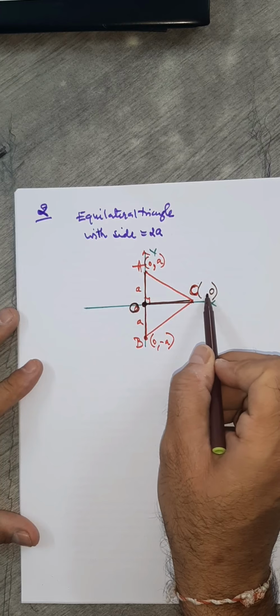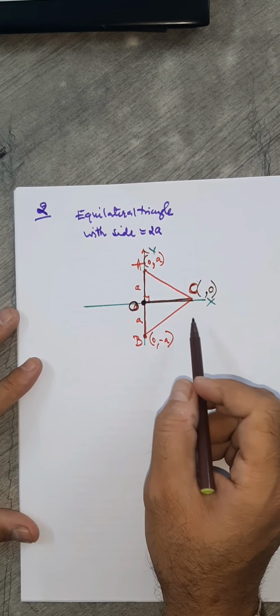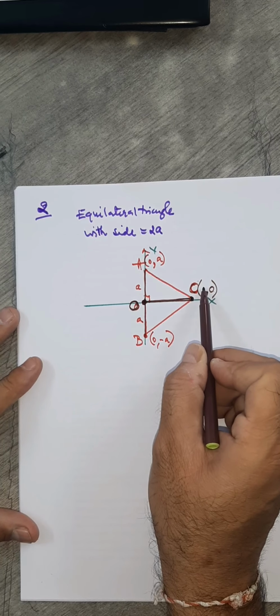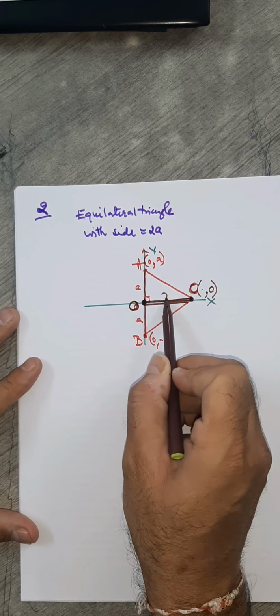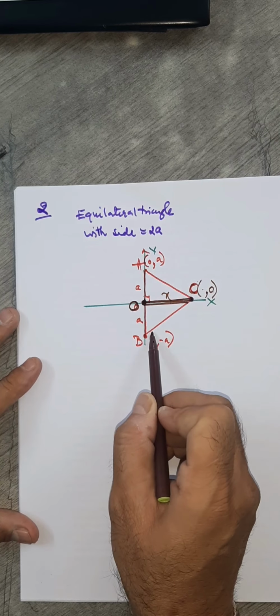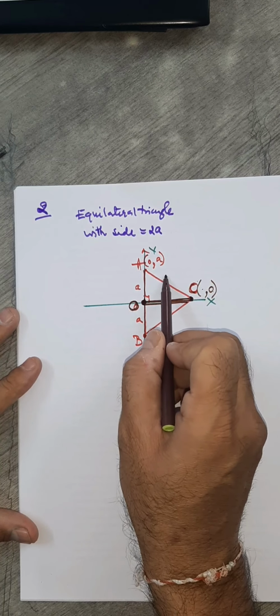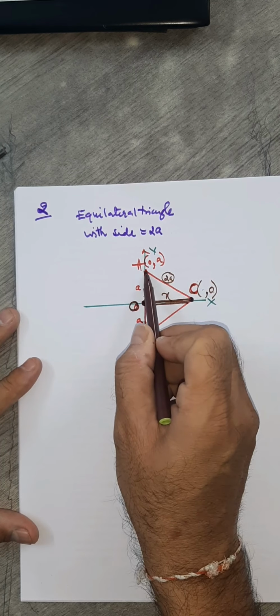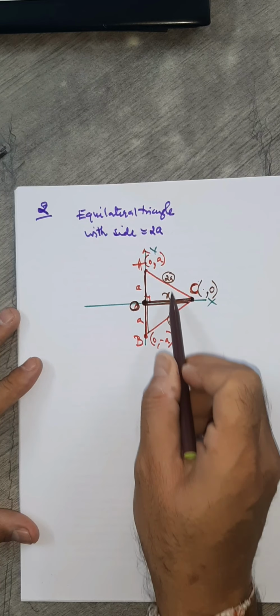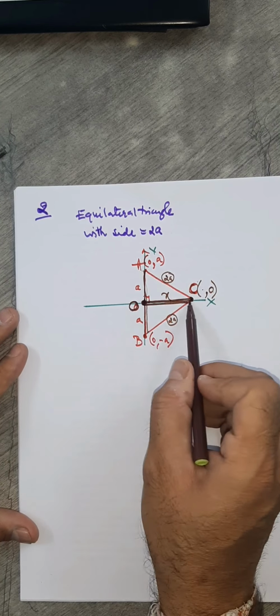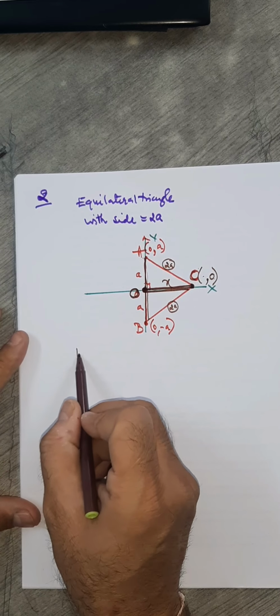The second coordinate is obviously 0 because it's on the x-axis. The question is the first coordinate. That depends upon this length. Let me call that x. Now this being an equilateral triangle, this is 2a, this side is also 2a. But we don't want this right now, so I'll use the right angle triangle concept.